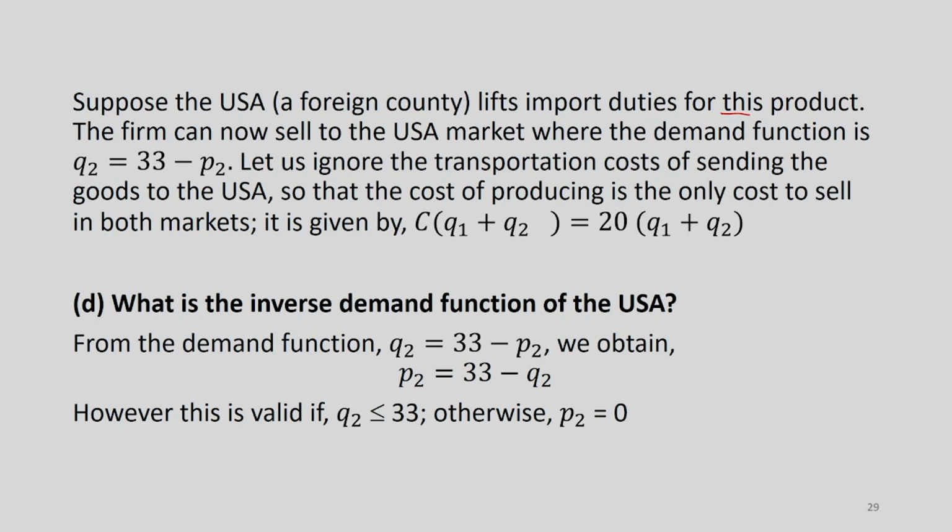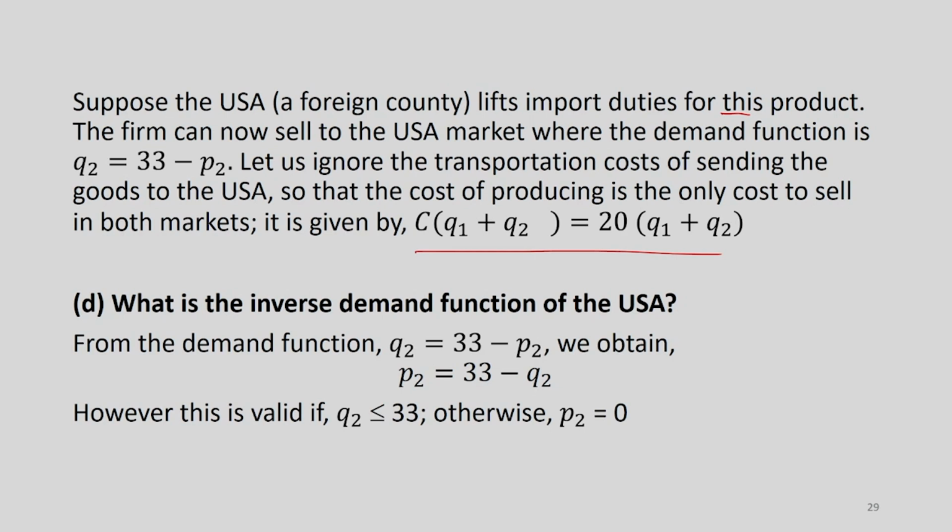Let us ignore the transportation costs of sending the goods to the USA, so that the cost of producing is the only cost to sell in both the markets, and it is given by this. So, this is the cost function. C of Q1 plus Q2 is equal to 20 multiplied by (Q1 plus Q2). So, basically it means that it does not matter where your good is being sold, the cost of production is the same.